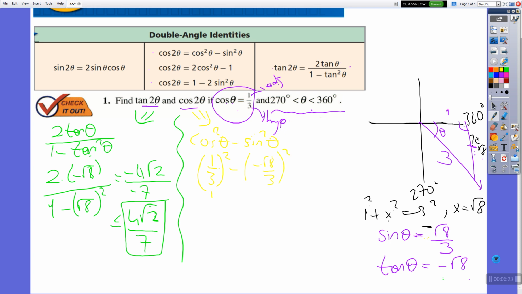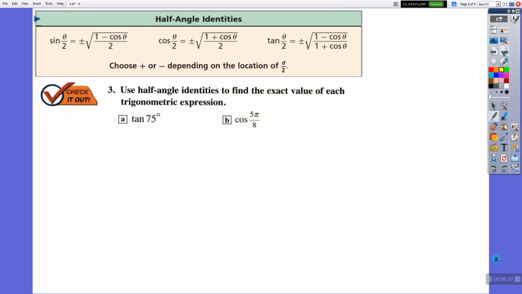So 1 over 3 squared, 1 over 9. Square root of 8 squared, 8 over 9, which is negative 7 over 9. So here are the answers. If you know your missing trigonometric functions, by just substituting values into the identities, you can find your results easily. Let's continue with half angle identities.